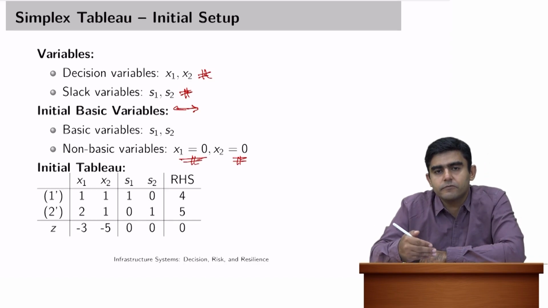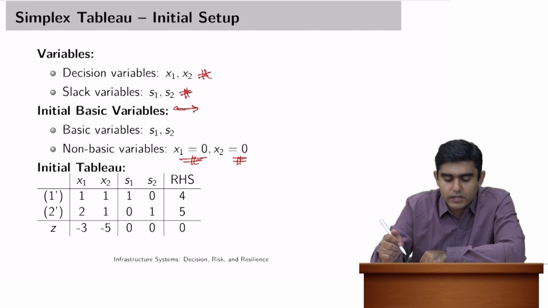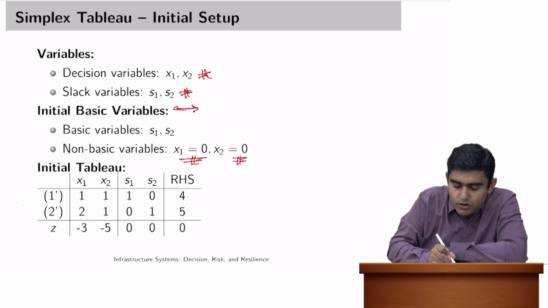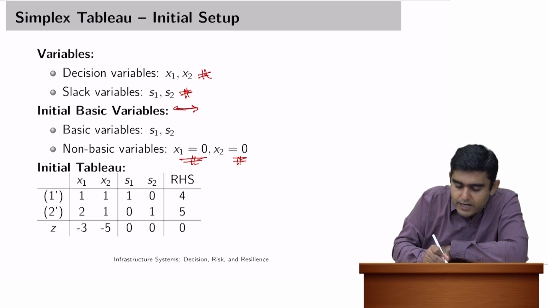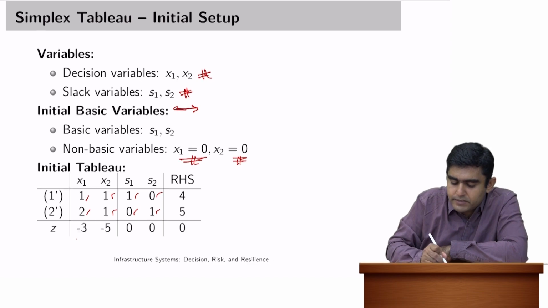The utility of this would be very clear once we start talking about the tableau, because the moment we do that, you clearly see how the tableau would look. The coefficients of the first equation are 1, 1, 1, 0, and the second 2, 1, 0, 1, because then it becomes x1 plus x2 plus s1 equal to 4, 2x1 plus x2 plus s2 equal to 5, and minus 3, minus 5 equal to z.